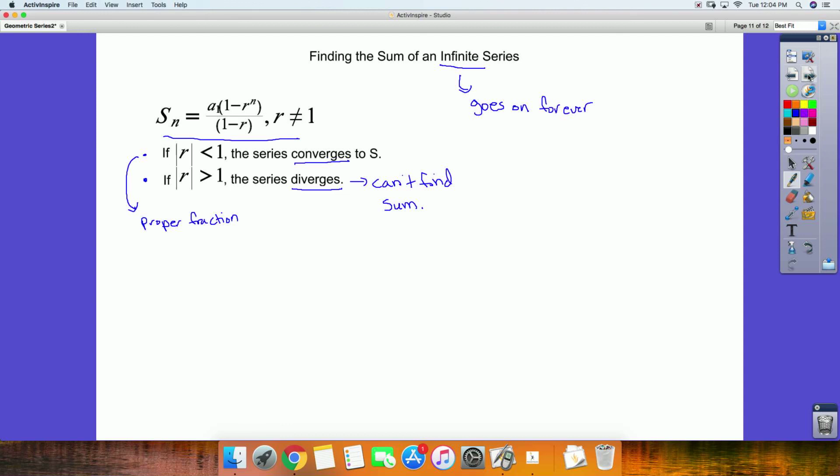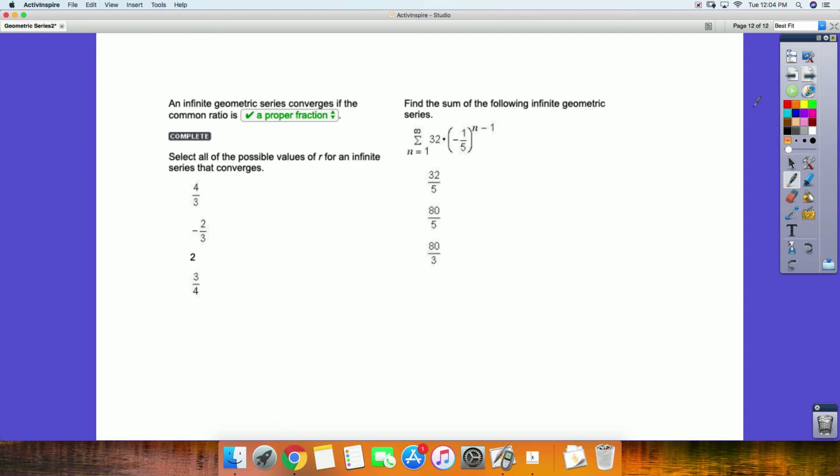So we have one last example that shows this. An infinite geometric series converges if the common ratio is a proper fraction. So I'm looking for anything that converges. 4 over 3 doesn't work because that is 1 1/3, an improper fraction.